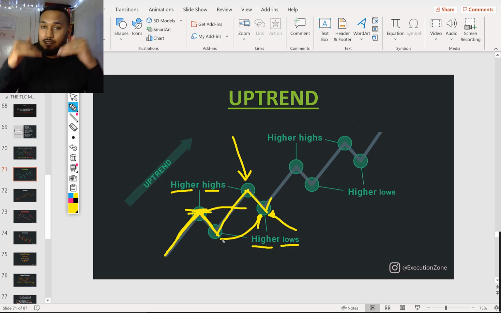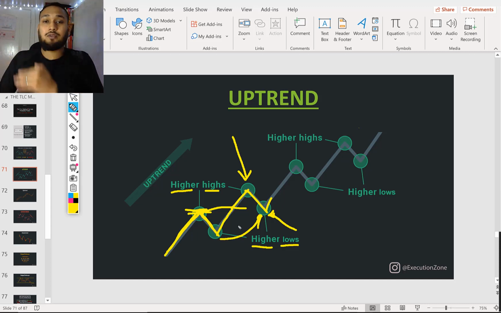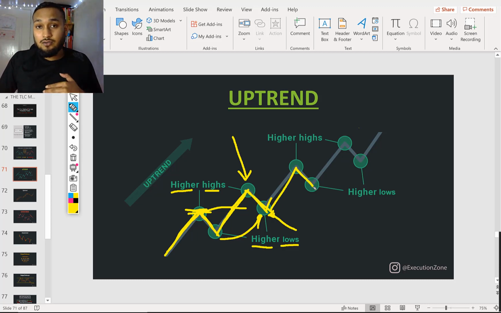It's created a valley, and this valley happens to be above the previous one, just like steps. It's kind of stepping upwards, right? So we have higher highs, higher lows, higher highs, higher lows, right? Higher highs, because we've just breached the previous high and shot up above it.